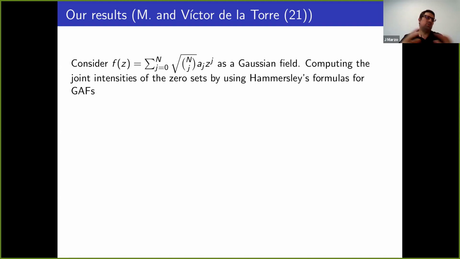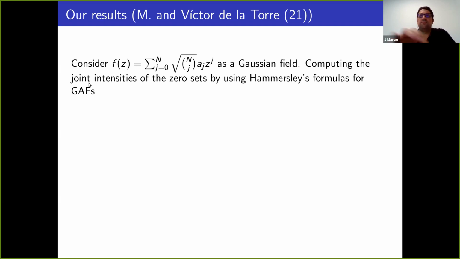And the thing is now the following. We saw these two different ways to study the zeros of these elliptic polynomials, but there's a somehow simpler approach, which is to consider these functions as a Gaussian field. For each z, this is a Gaussian function of a well-known and studied class called Gaussian analytic functions.